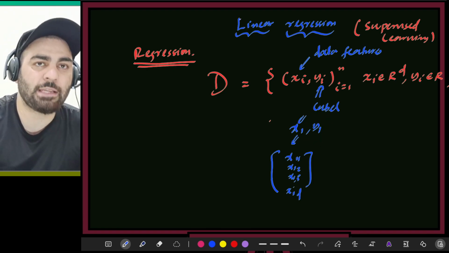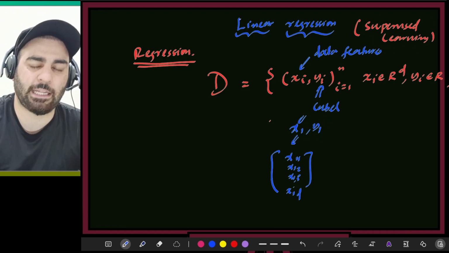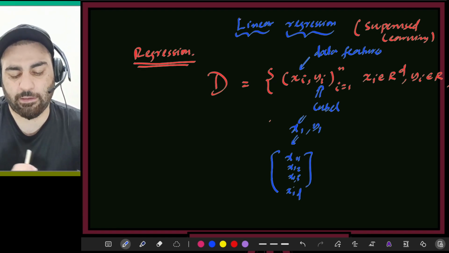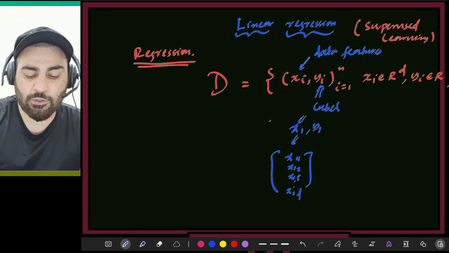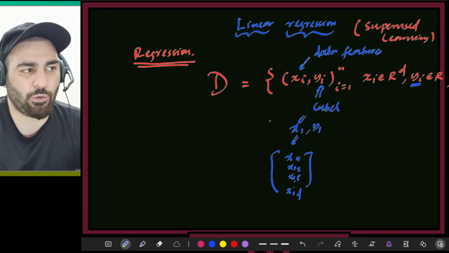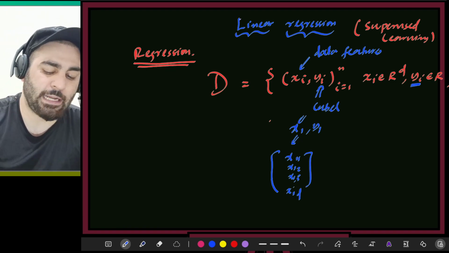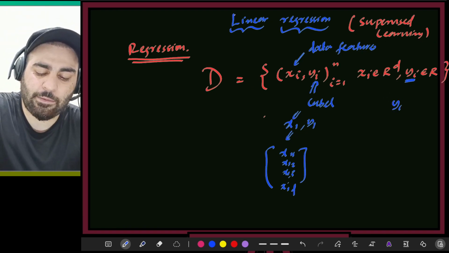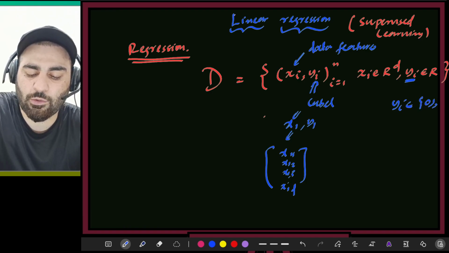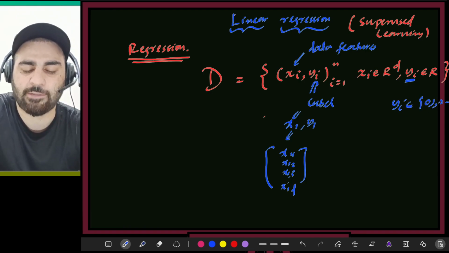And y1 is the label, as we are in the supervised learning setting, where the labels and the data features are given. If these labels belong to R, taking real values, we call it a regression algorithm. If it takes discrete values, let's suppose yi takes values 0, 1, 2 till k, some k classes, we call it a classification task.